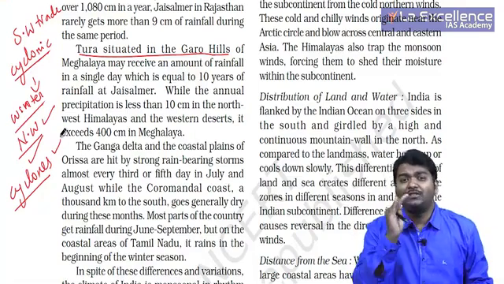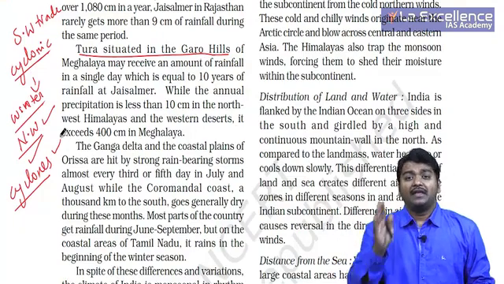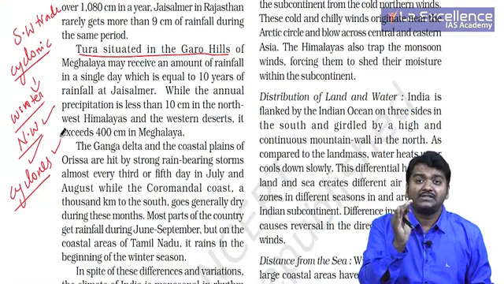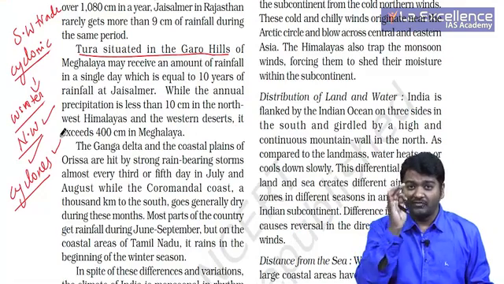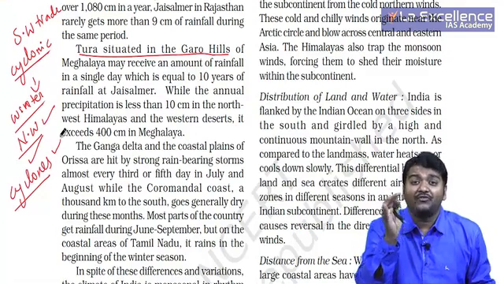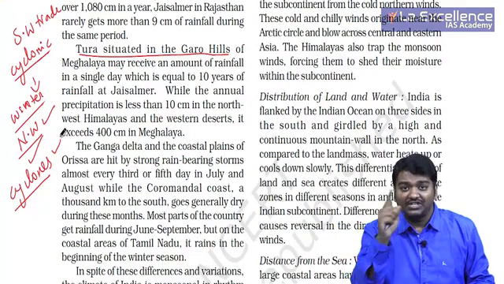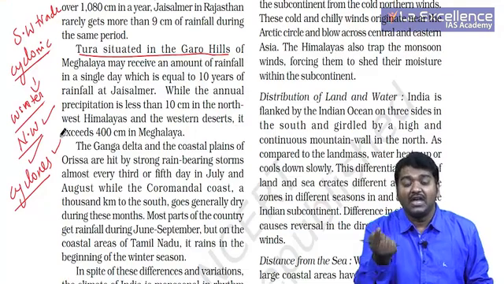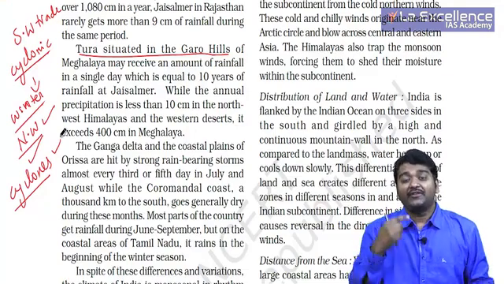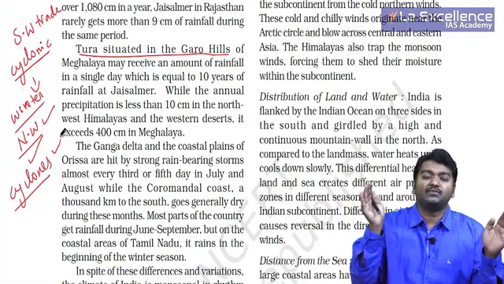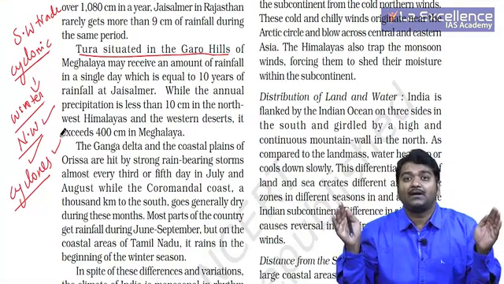Even though all these variations are there, each and every area usually observes reversal of winds. This is what we say, they are unified by monsoonal winds. That is, the winds keep on changing, and whenever they change, every place experiences some sort of similar conditions.